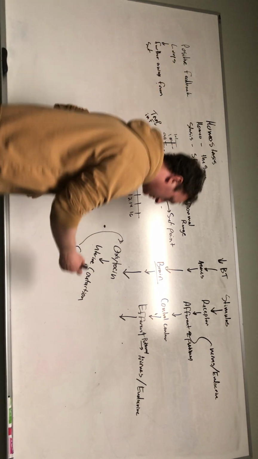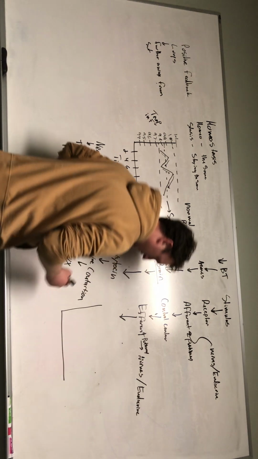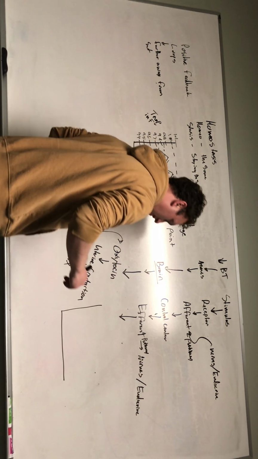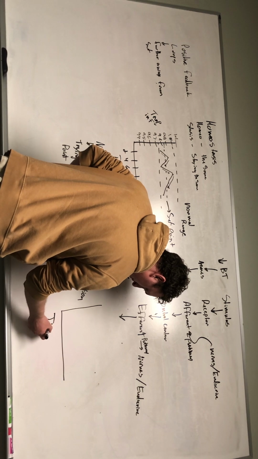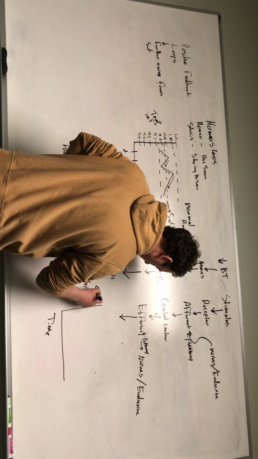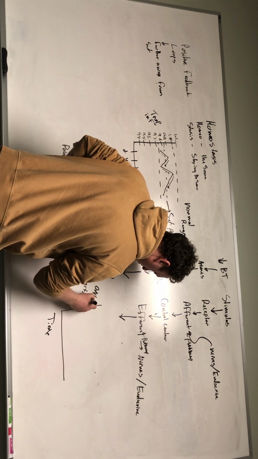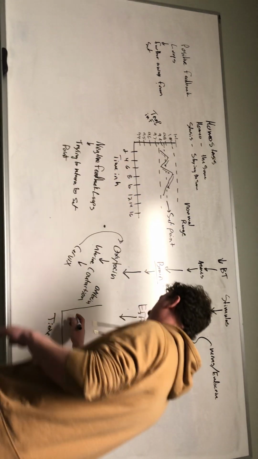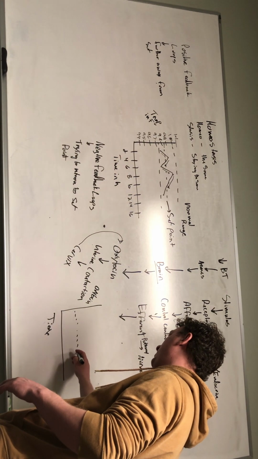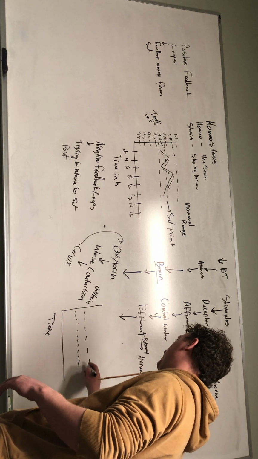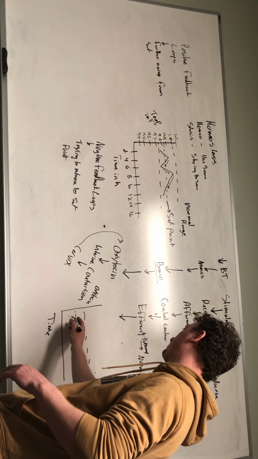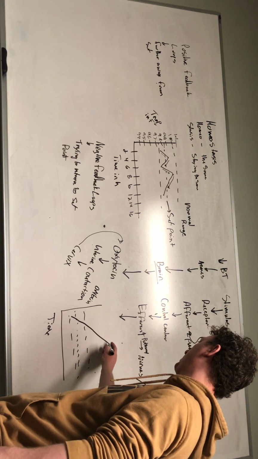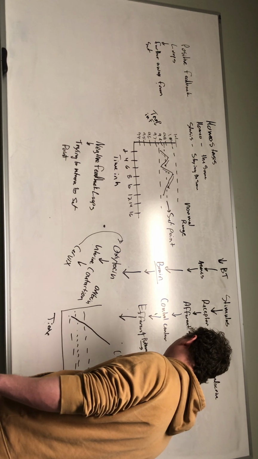So if we were to draw this on a graph, this is time, and this is oxytocin, and you had the normal set point, and then a range in between. Your oxytocin would actually just go straight up until childbirth.